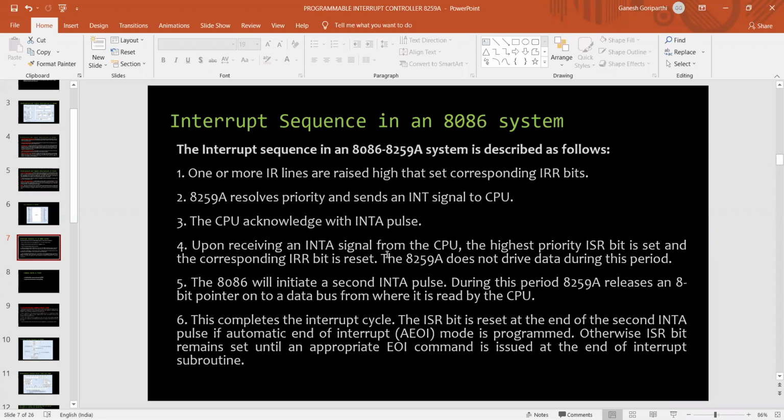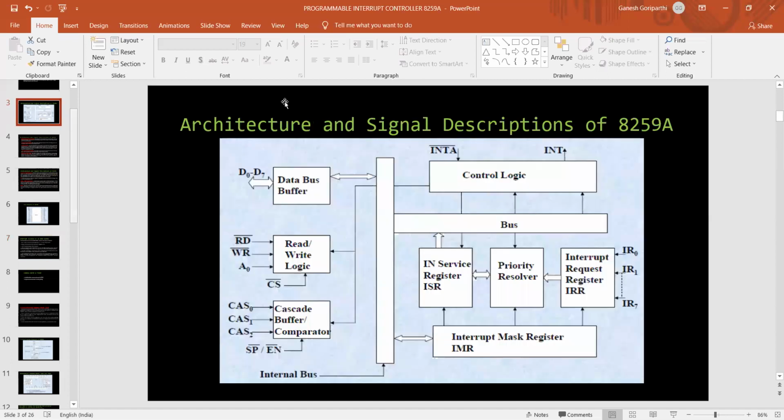That is the important point here. The highest priority ISR bit is set and the corresponding IRR bit is reset. Let us understand through this architecture.